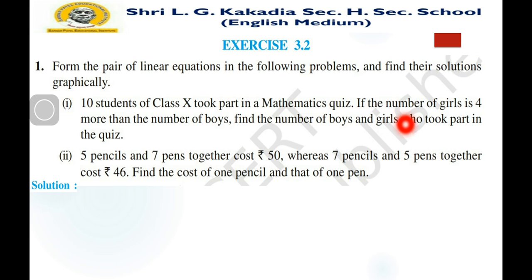If the number of girls is 4 more than the number of boys, what is given here?